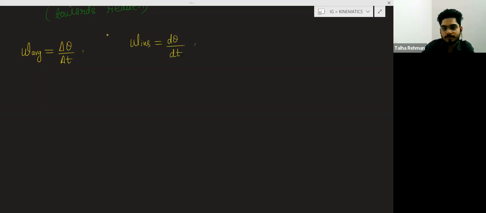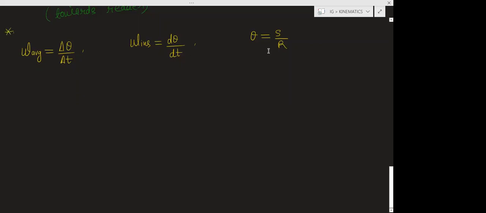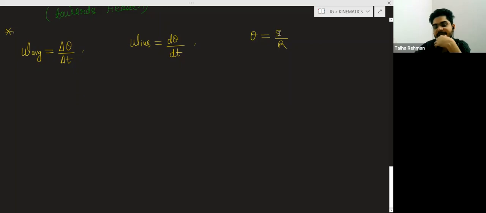And what is the relation between the angular displacement and the linear displacement? Angular displacement is equal to linear displacement divided by the radius of the circle. This theta is the angular displacement, s is the linear displacement, r is the radius.